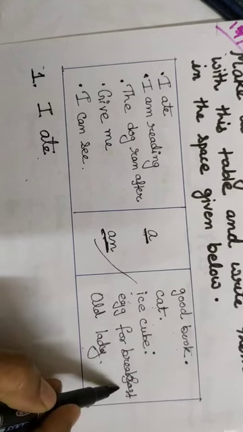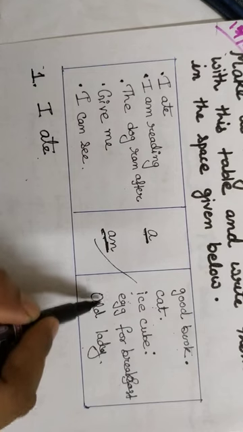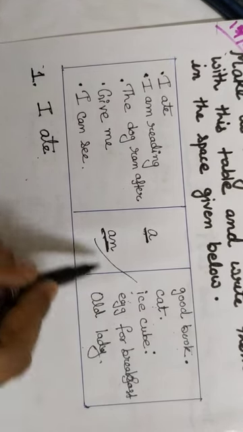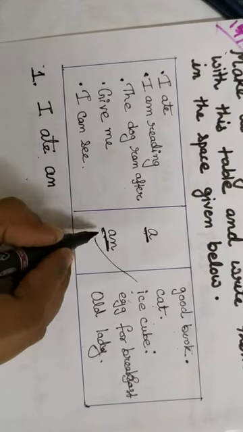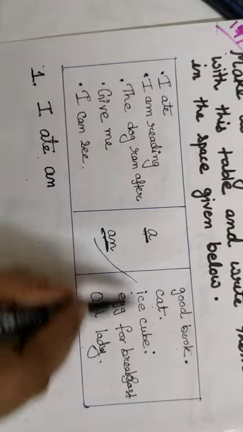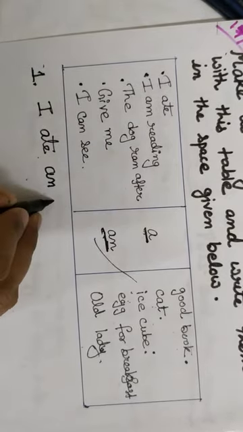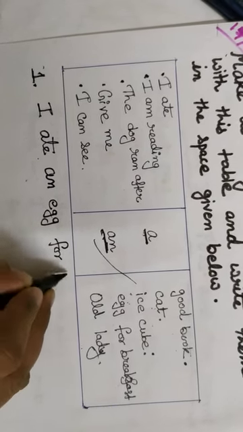An egg for breakfast. अगर an यूज़ करेंगे तो इधर से आप लोग vowel वाला parts of sentence लेंगे. Okay? I ate an. Let's take an. आप कोई भी ले सकते हैं but the sentence should be correct. I ate an egg for breakfast.